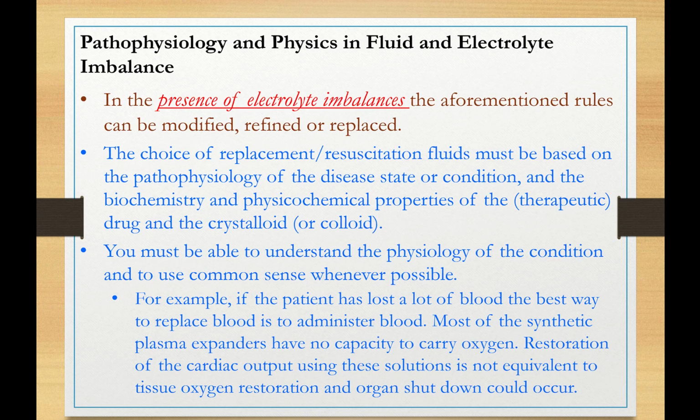So now let's proceed to how we treat fluid and electrolyte balances in the presence of a condition or disorder. So here we do have an electrolyte imbalance. Can we use those rules, or do we need to modify them? Okay. Let me go back at this point and see those rules.